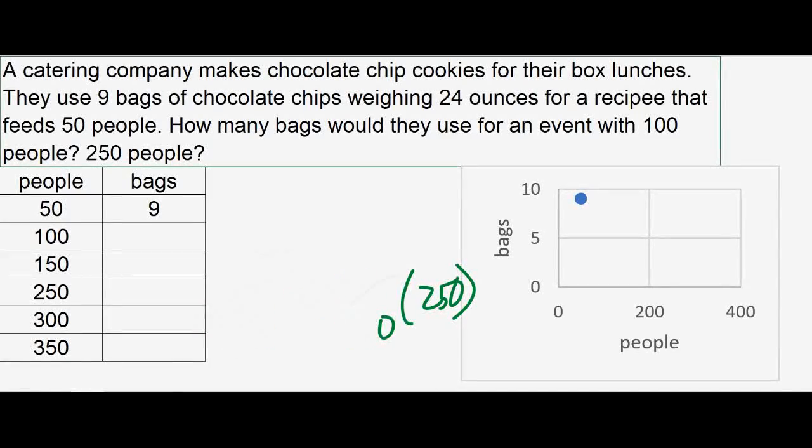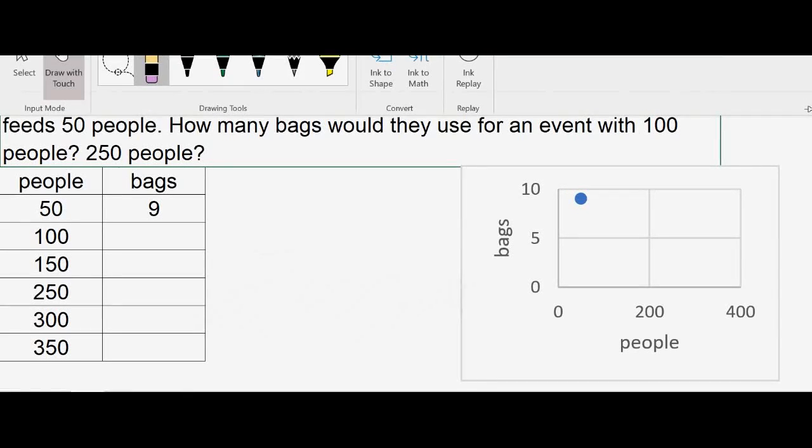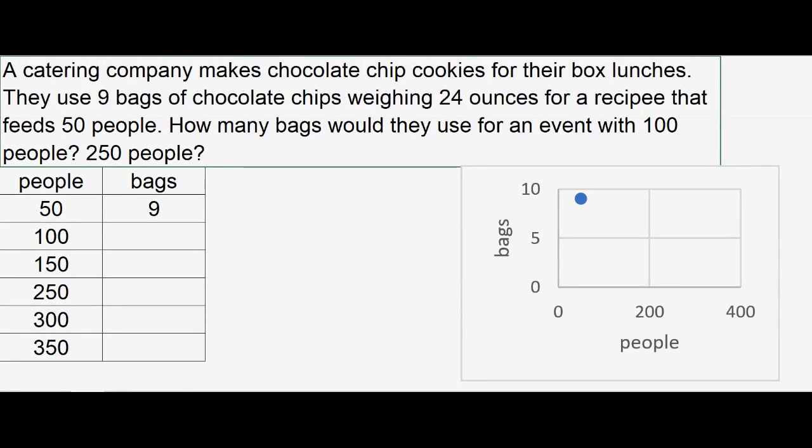So we're going to say the number of bags, instead of using x, I'm going to use b, equals 9 over 50 times the number of people, p.